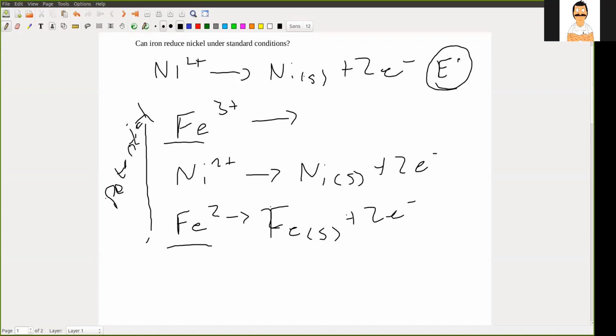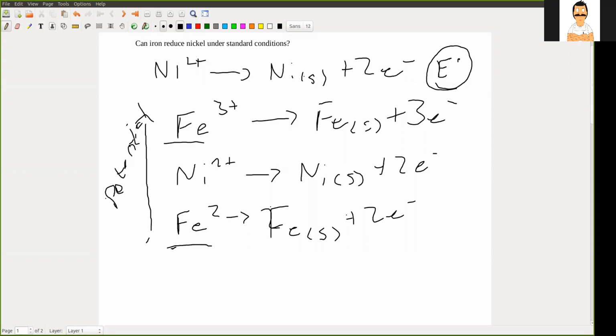So this would yield Fe solid plus 3 electrons. So we're not even going to write down what the potentials actually are. We're just going to recognize that by reading our standard reduction potential table, we can determine what species can reduce other species, what species can't.